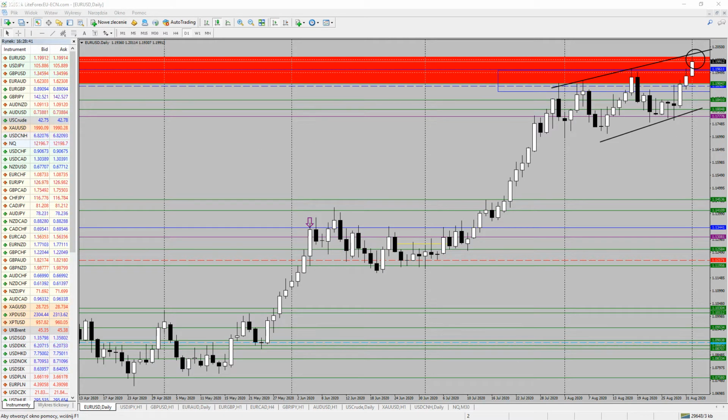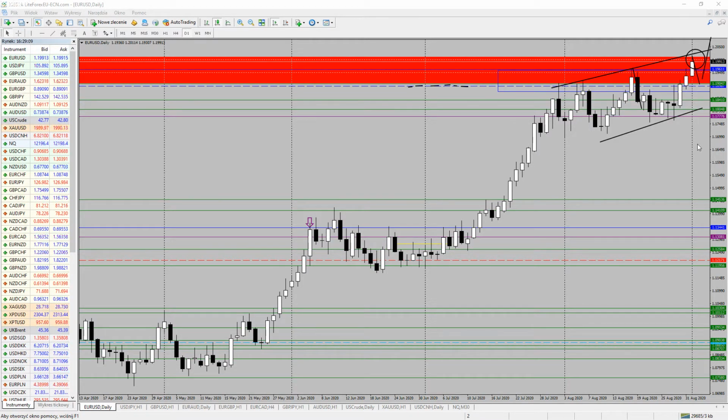All right, I would like to see some kind of pullback. What kind of pullback? Well, the one we already saw, something like this, that would enter, as you can see, the blue dashed line, right? That would enter the weekly open. So maybe at some point over the course of this week's trading, maybe later today, tomorrow, we are going to see the pullback.